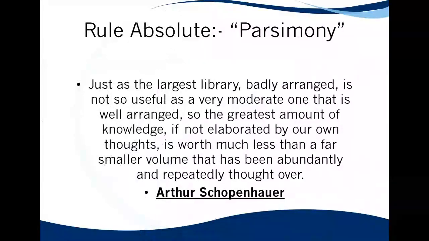All right. And then parsimony, right? Arthur Schopenhauer says, just based on what I just said, just as the largest library, badly arranged, is not so useful as a very moderate one that is well arranged.